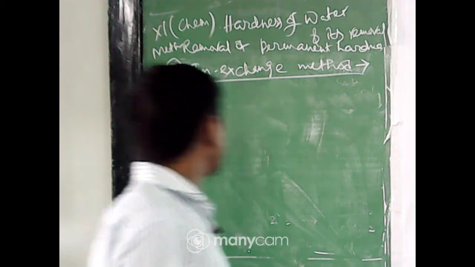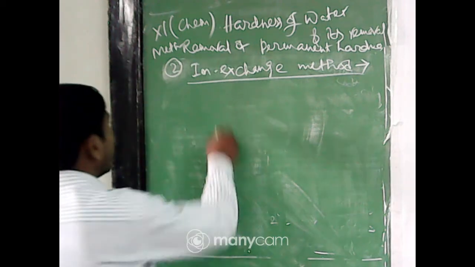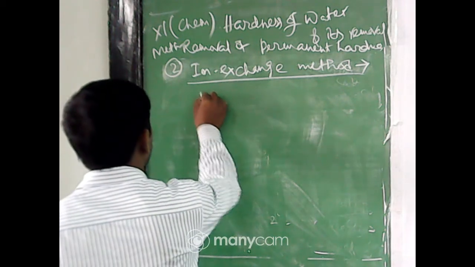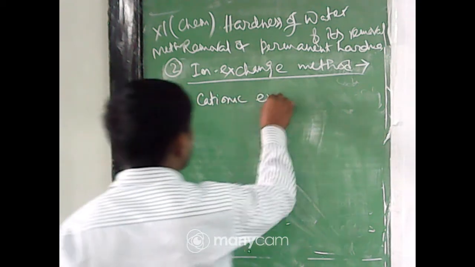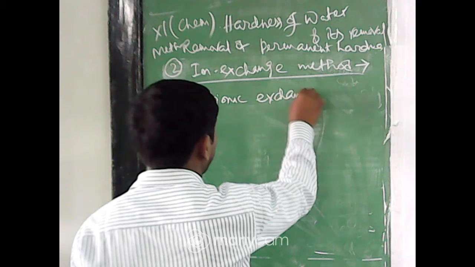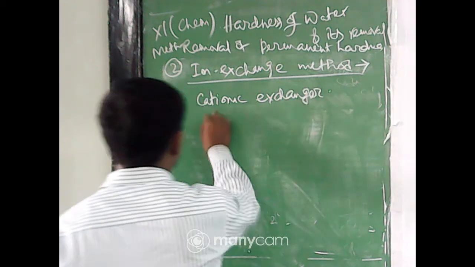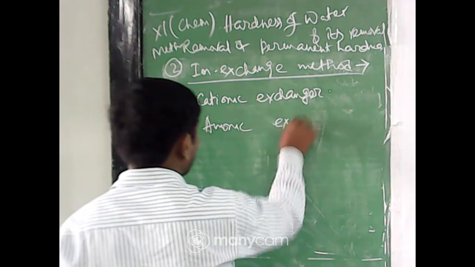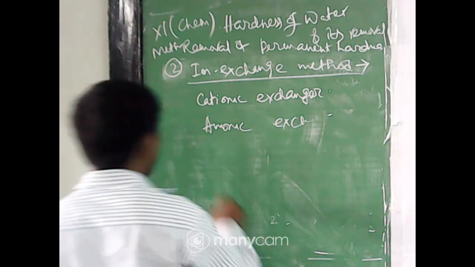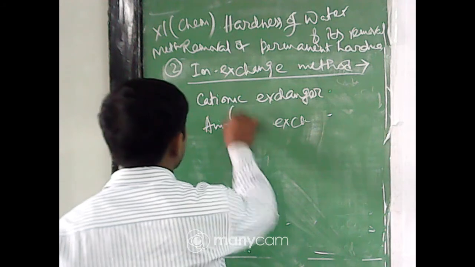In this method, we use one cationic exchanger, which will exchange the cation, and an anionic exchanger.